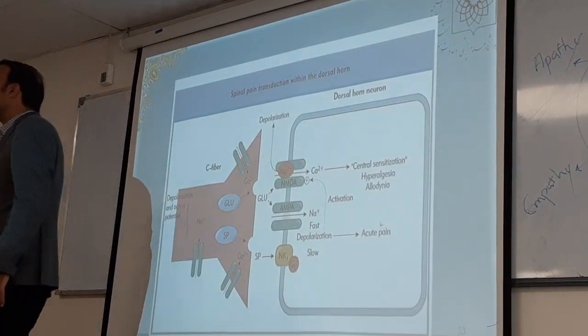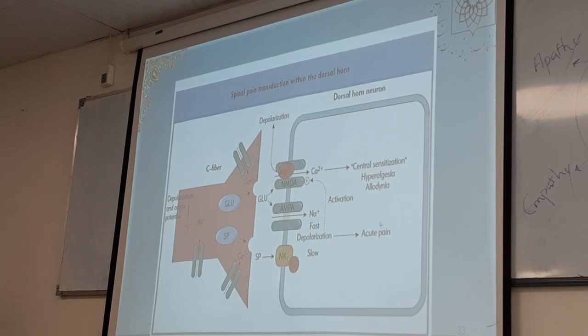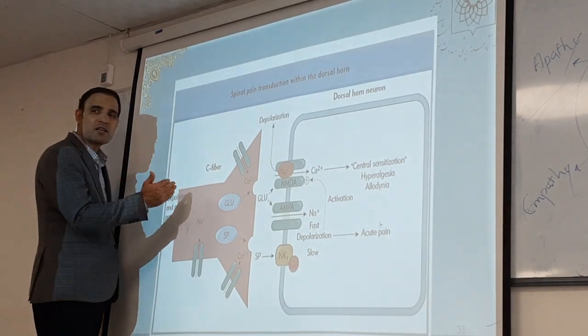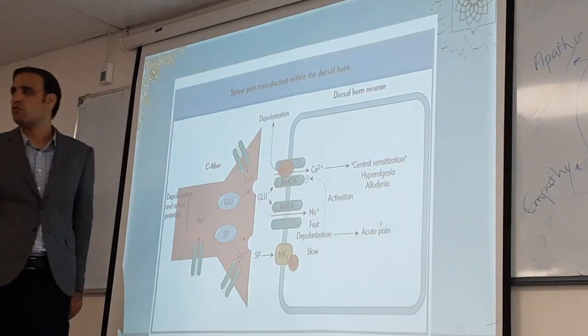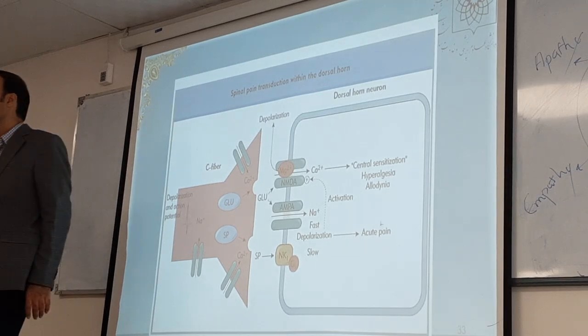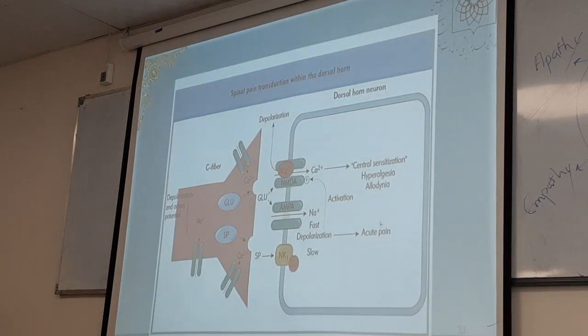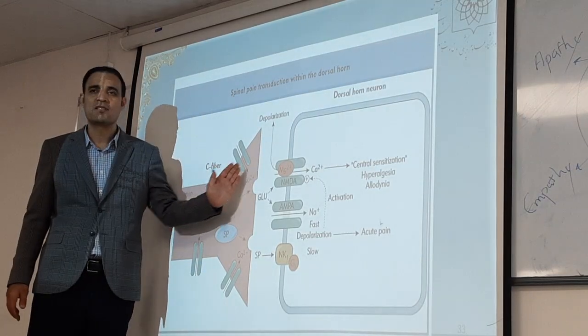Sometimes we use some drug to stop the pain, not aspirin and ibuprofen, but drugs to stop the conduction between the first neuron and second neuron. And you know that morphine is the most potent pain killer or pain inhibitor. Morphine. And what does morphine do for us? Stop this conduction.